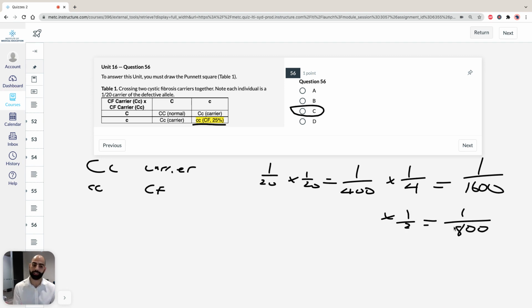And you can see logically that it's more likely that we're going to have carriers than, say, a child who's going to have cystic fibrosis. You can actually intuit and see that it's going to be less likely to be a carrier and the same chance that we're going to get a child who actually doesn't express an allele for cystic fibrosis. So it's going to be a very high chance that they won't.